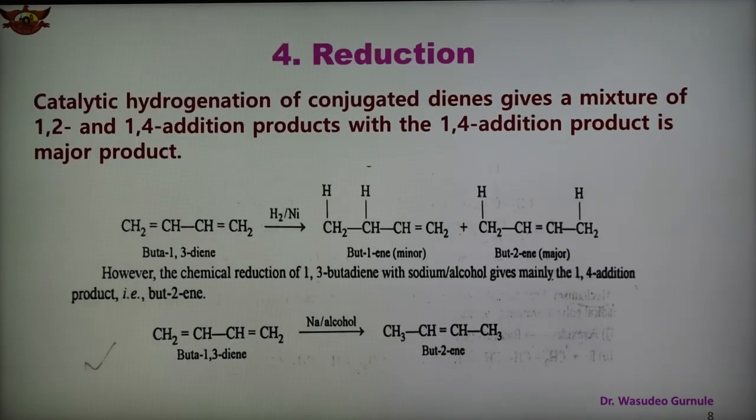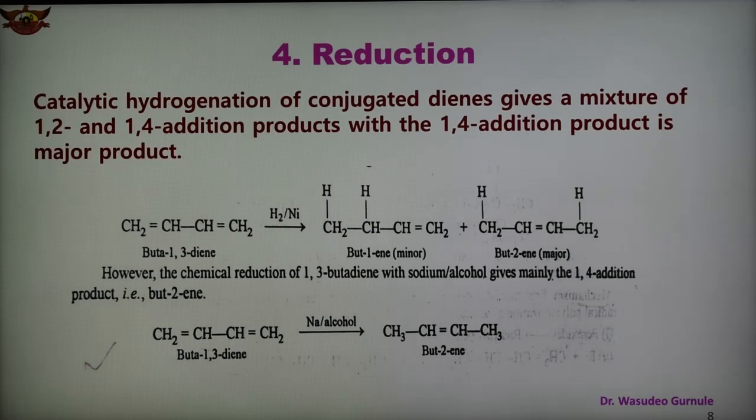After that, next, number 4, the reduction reaction. Here reduction means the catalytic hydrogenation of conjugated dienes gives a mixture of 1,2 and 1,4 addition products. Again, the 1,4 addition product is the major product. Catalytic hydrogenation means reaction with hydrogen.